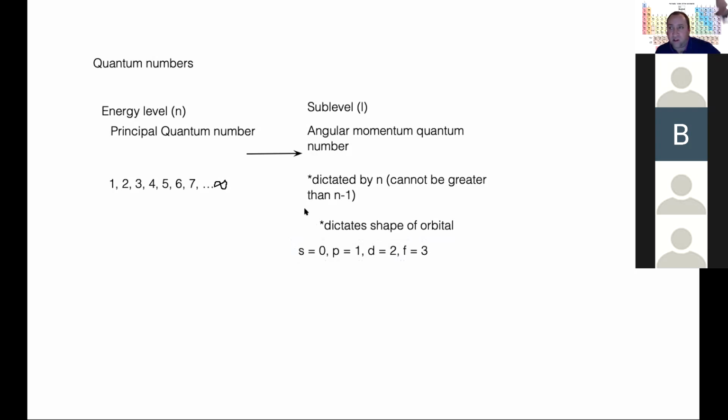The first is that if we know the shape, we know what this quantum number is. If we don't know the shape, the quantum number can tell us what the shape is, and furthermore, the quantum number itself can't be any bigger than n-1.